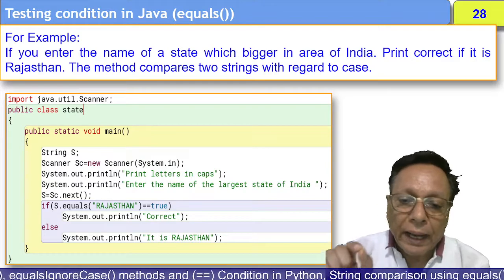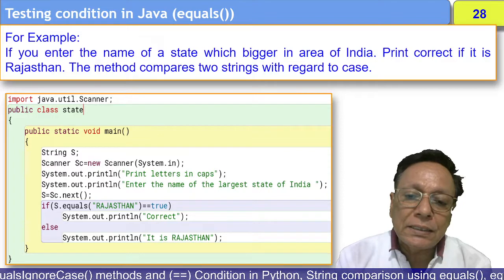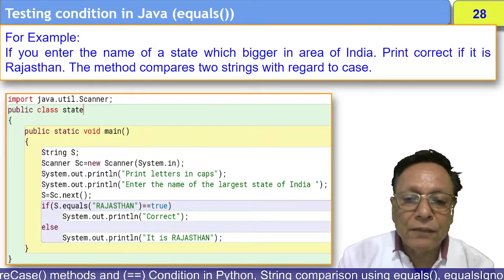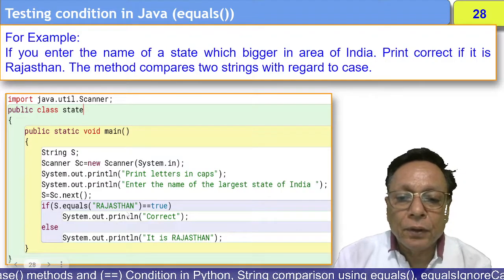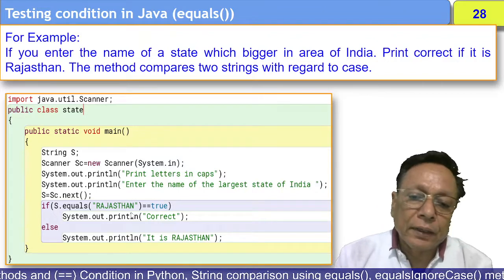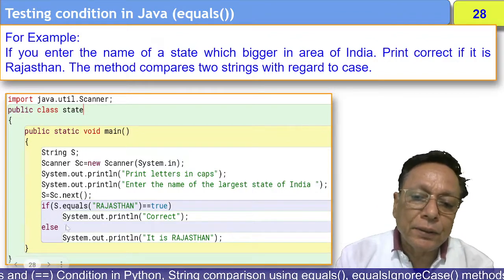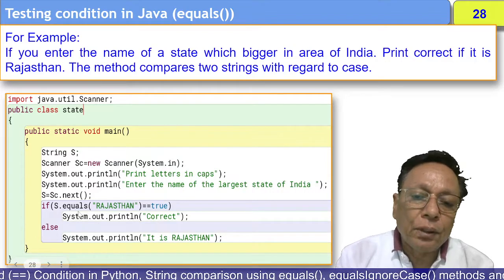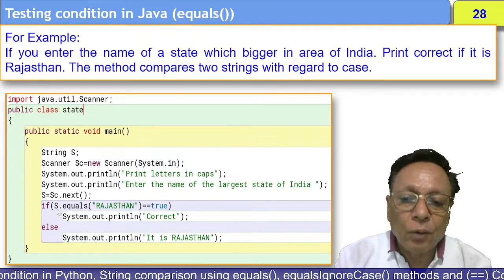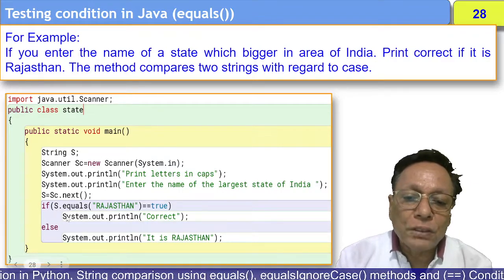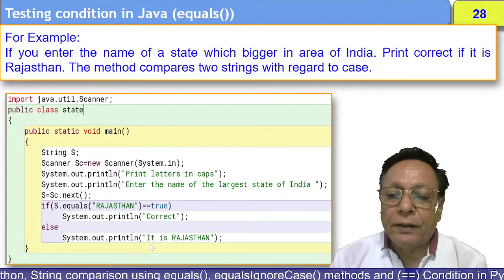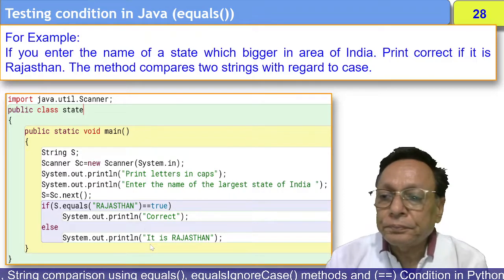And if you enter Rajasthan but the cases of the letters are not the same as the Rajasthan given here, not in capital, then it will come to the else statement, because this is capital and the word you entered is not in capital letters. The condition will be wrong, it will return false, and in the false case, "it is Rajasthan" is printed. So see how this works.